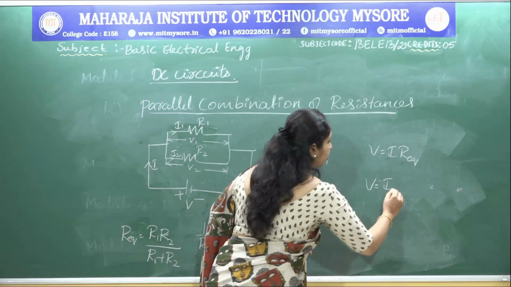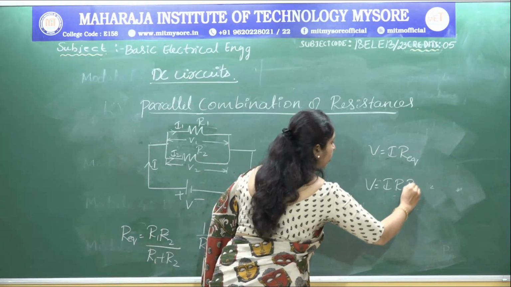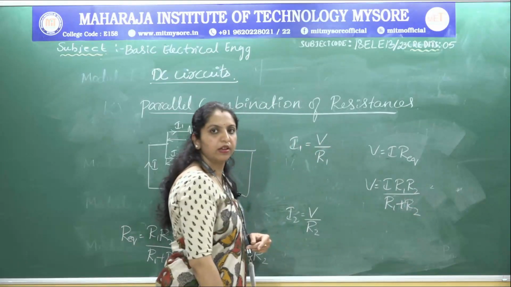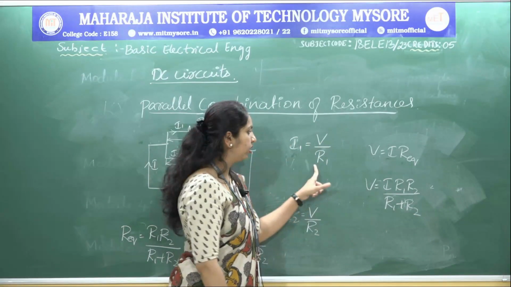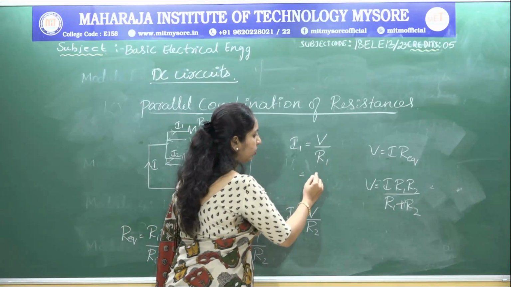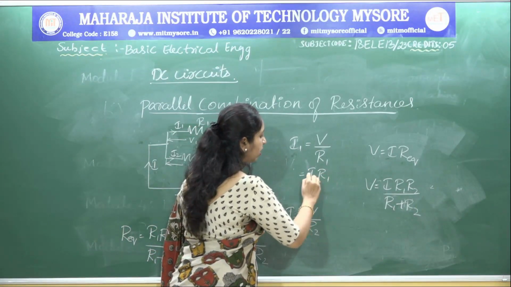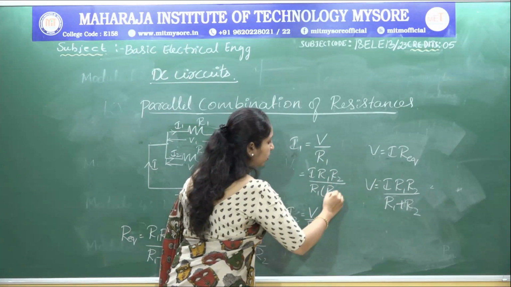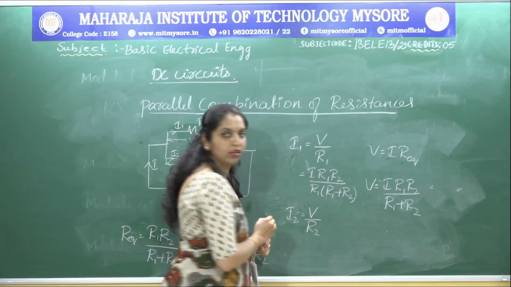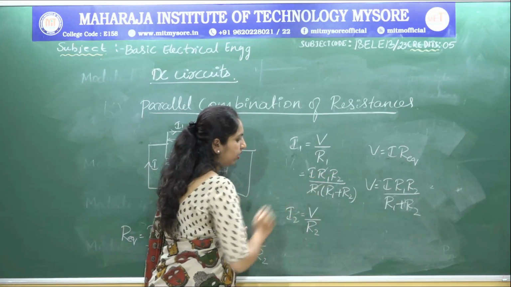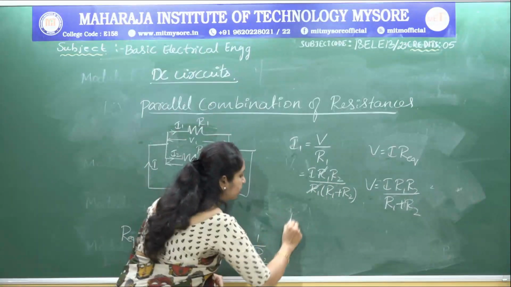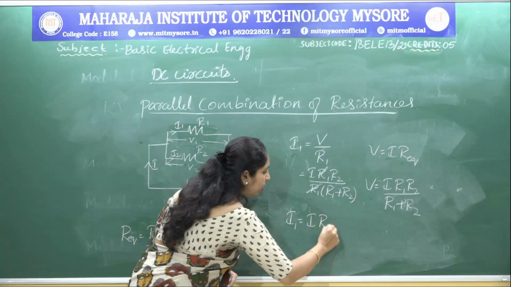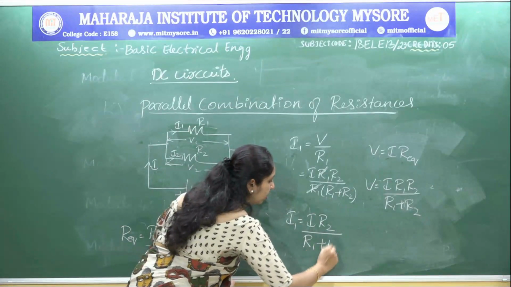So V is equal to I into R1 R2 divided by R1 plus R2. Now substitute this V here. Then you get I into R1 R2 divided by R1 into R1 plus R2. Now R1 gets cancelled. So finally we can write I1 is equal to I into R2 divided by R1 plus R2.